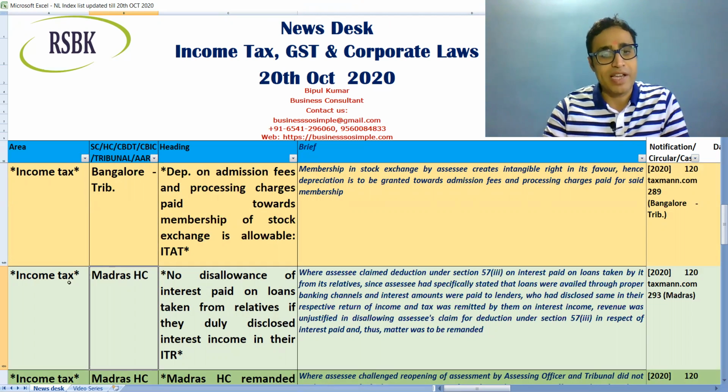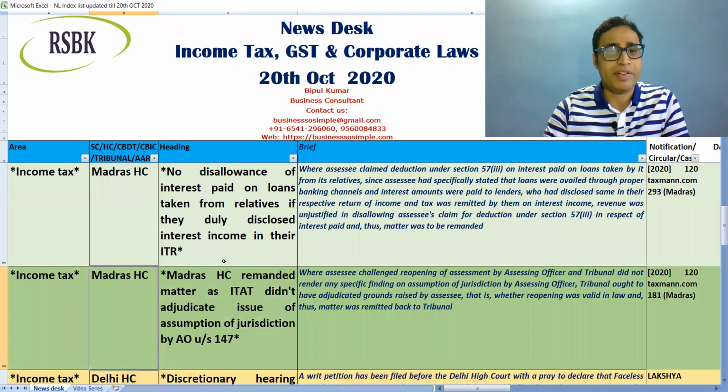Next case, Madras High Court: no disallowance of interest paid on a loan taken from a relative if they duly disclose interest income in their income tax return.